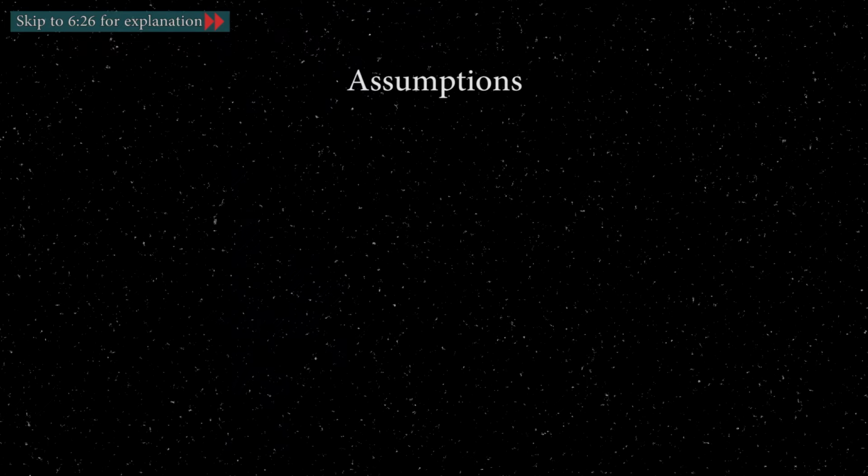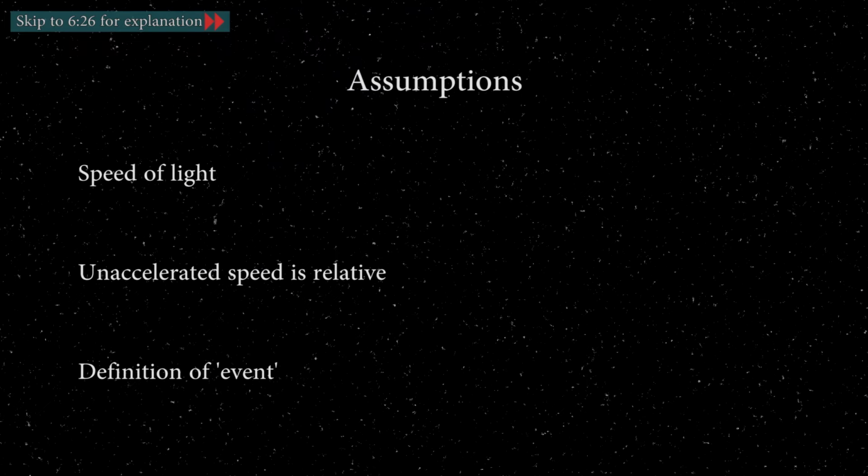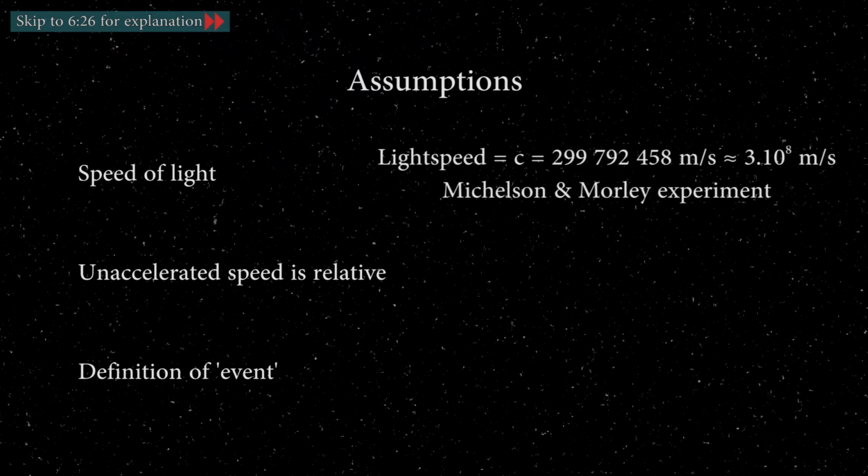There are only 3 assumptions which we will need to explain and derive all the occurrences in my first 3 videos of the basic principles of relativity. The first one being the speed of light. Speed of light is always constant, regardless of the motion or velocity of the observer or the source of light.